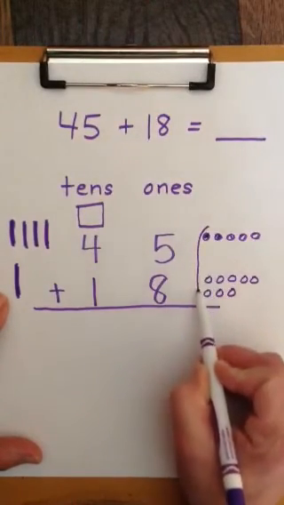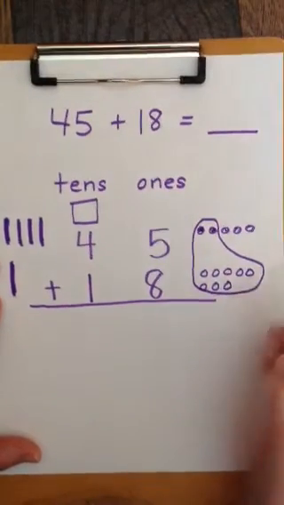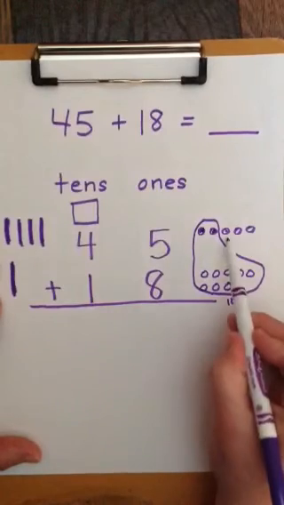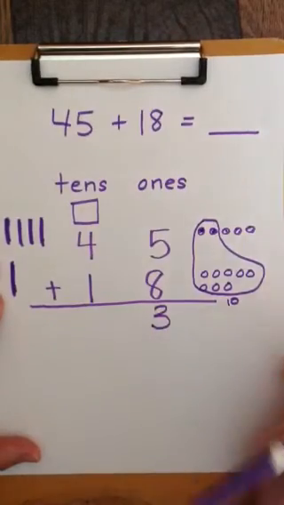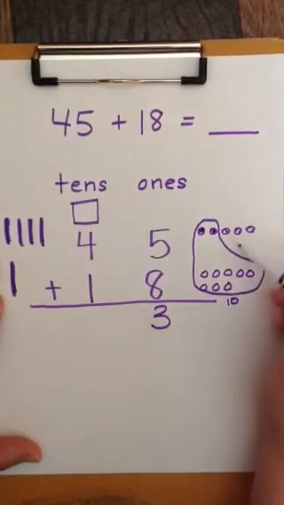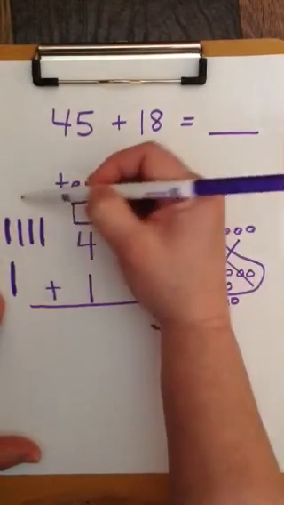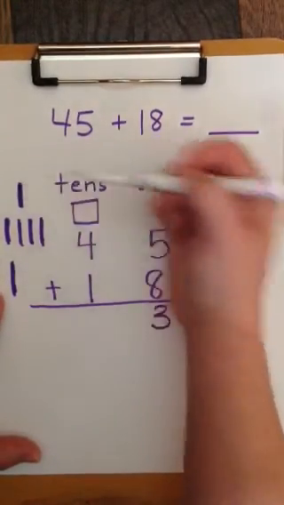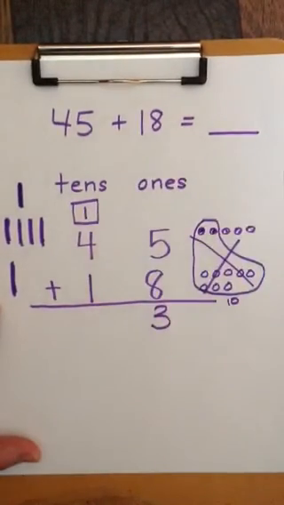So I need those 2 to make a complete 10, right? So this is 10, and there's 3 1s left over. Those 3 1s can still live in the ones place, so I'm just going to bring them right down here. And this 10, I'm going to take it and turn it into a group of 10, a 10 stick, and show it in my regrouping box with a 1, 1 10.